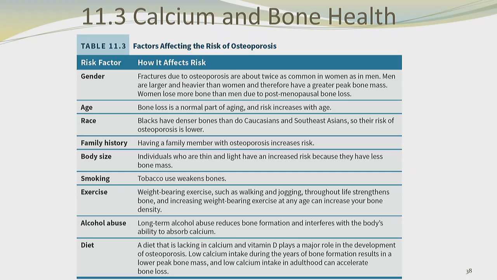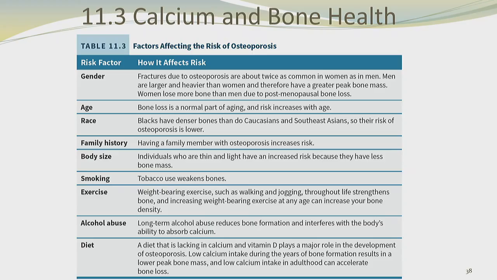So there are several risk factors for osteoporosis, some of which one can modify and others you cannot. You can see some of the unmodifiable risk factors at the top of the table, and some of the ones that one can modify, such as smoking, which weakens bones.